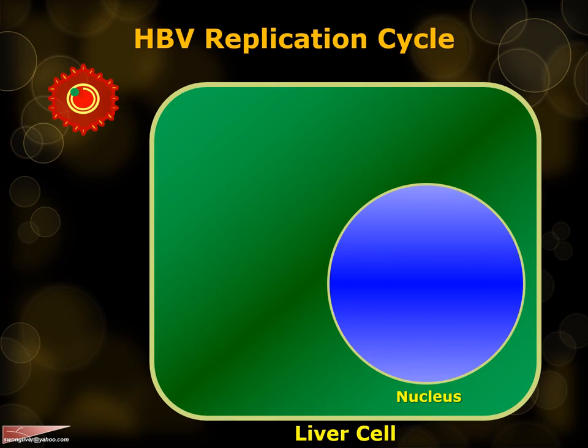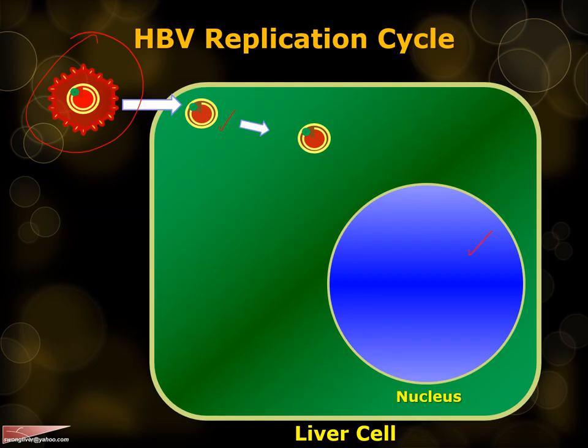Now, this next cartoon is just to emphasize to you why hepatitis B is very hard to eradicate. So again, looking at the hepatocyte, this is cytoplasm, this is the nucleus, this is your hepatitis B virus. So once the hepatitis B enters the hepatocyte, it uncoats the surface covering.